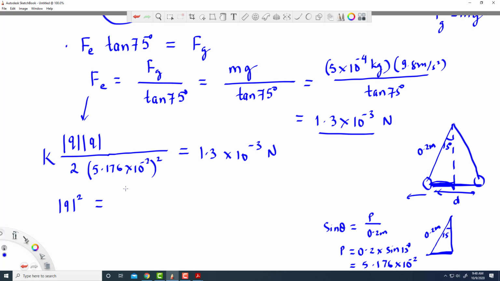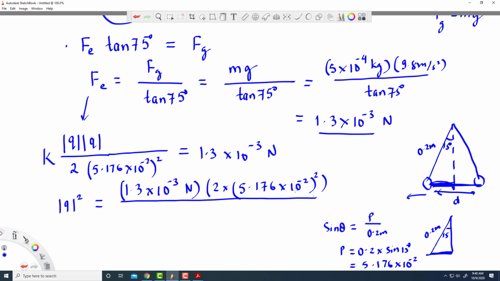Now do the rearrangement here: 1.3 times 10 to negative 3 Newton, and then bring this to the top here, 2 times 5.176 times 10 to negative 2, that's squared. And then on the bottom you bring this K down. So the value of K is 9 times 10 to 9 Newton meter squared per Coulomb squared.